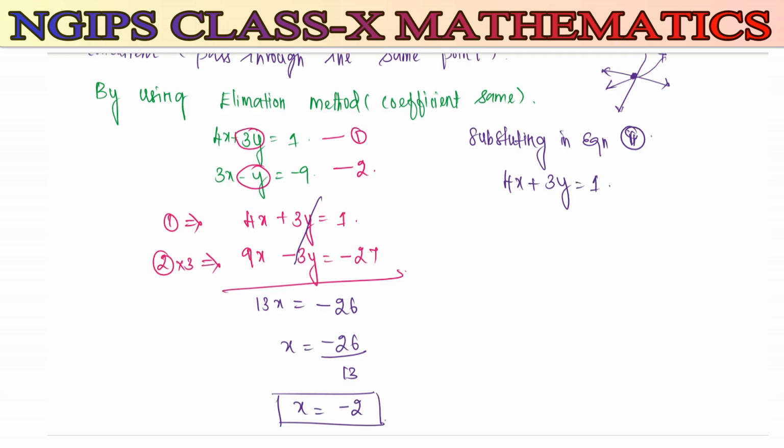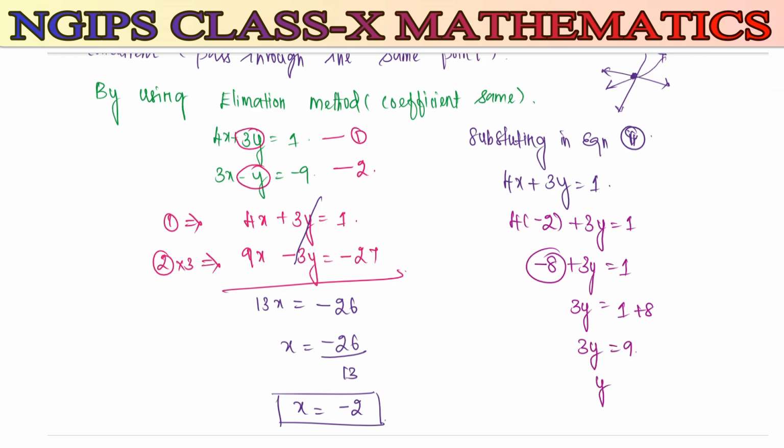The x value is minus 2, I am going to substitute here. 4 into minus 2 plus 3y is equal to 1. 4 2s are 8, we get minus 8 plus 3y is equal to 1. When you shift this minus 8 to the opposite side, it will become plus 8. So 1 plus 8, the value is 9. 3y is equal to 9. So y is equal to 9 by 3, which is nothing but y is equal to 3 we got.